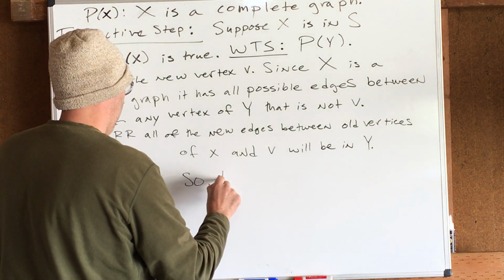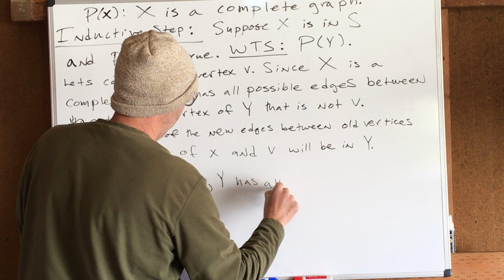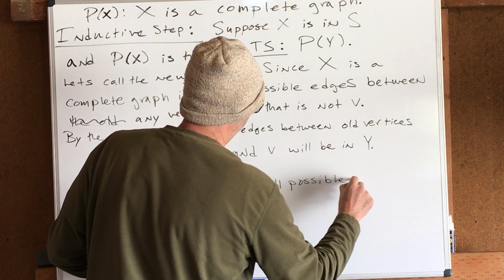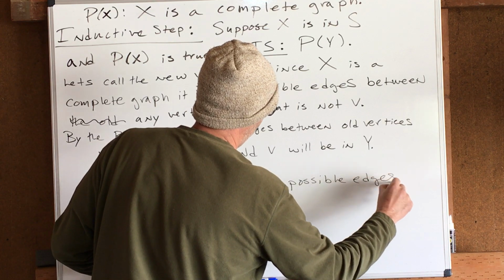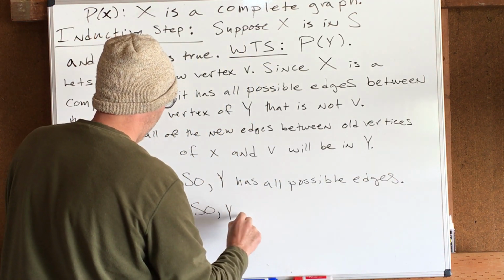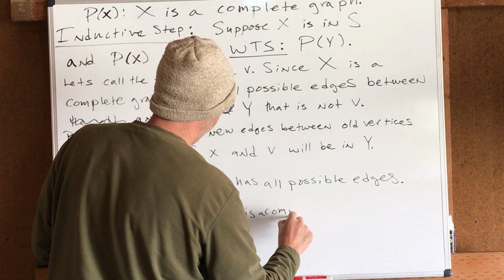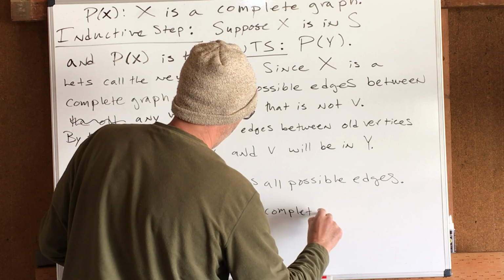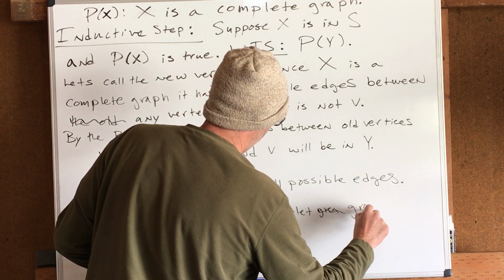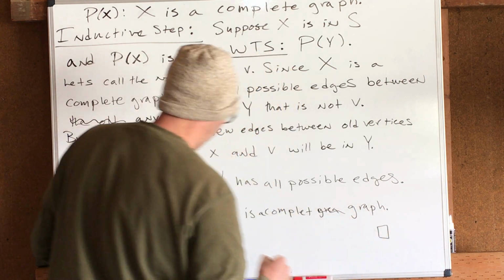So y has all possible edges. So y is complete, or is a complete graph.